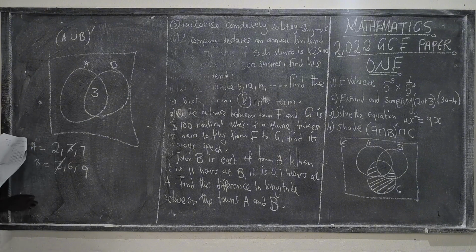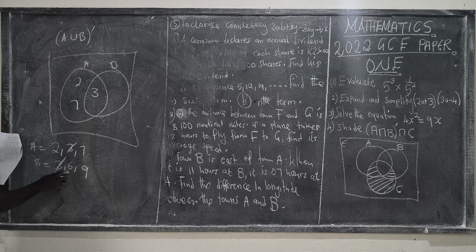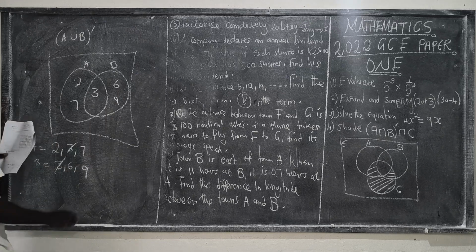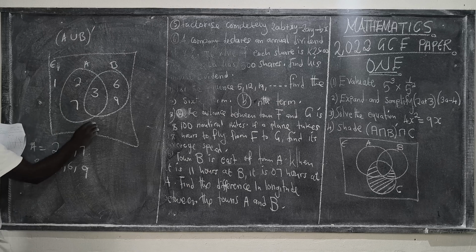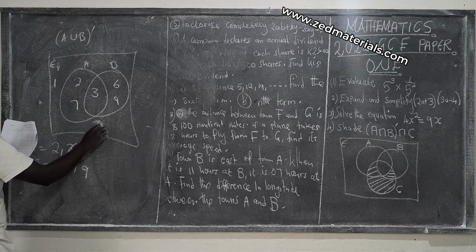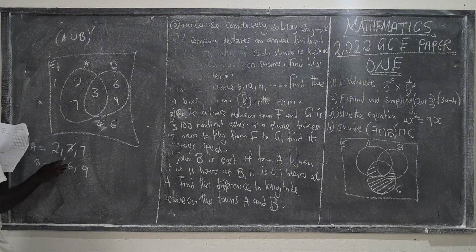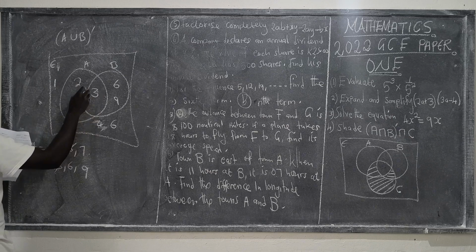I'll cancel these. Then in A, I'll have 2 and 7. In B, I'll have 6 and 9. In the universal set now, I have 1, 4, and 10.